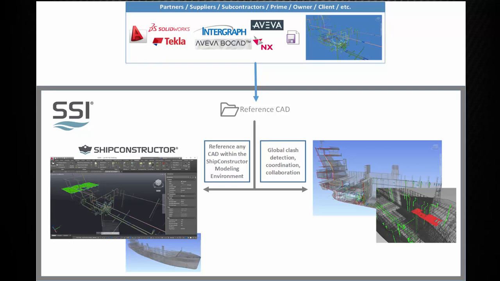So the use case that I'll be going through in this video is the use case where we'll say ShipConstructor is the main prime, going to be doing the majority of the structure as well as the majority of the outfitting. However, there is some outfitting that I have subcontracted out to some partners that use different tools, which I end up letting them use whatever tools they would like.